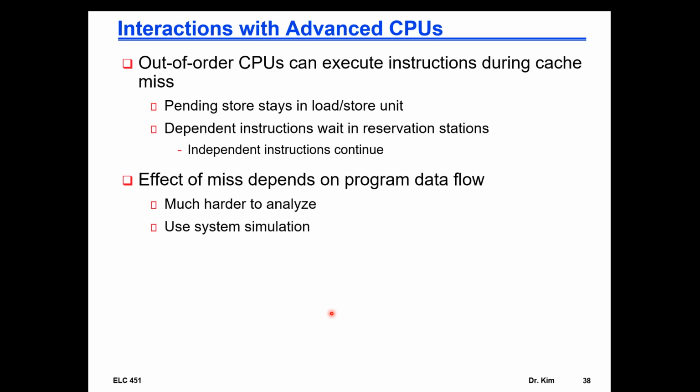We looked at the reservation station concept for CPUs that have parallel pipelines. So how does that interact with the whole cache? The short answer is that level 1, even though it's not part of the CPU, is very much intertwined with the CPU in its design.